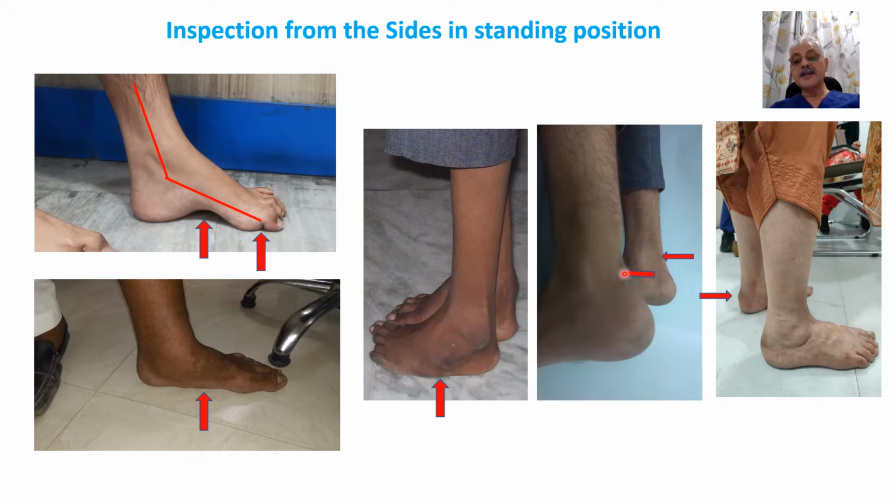And if you see here, there's a big defect here as compared to the other side, and this is suggestive of an Achilles tendon rupture. And the prominence here in the calcaneal tuberosity is suggestive of the insertional Achilles tendinopathy in this patient.